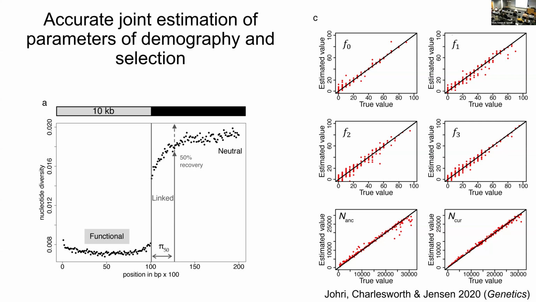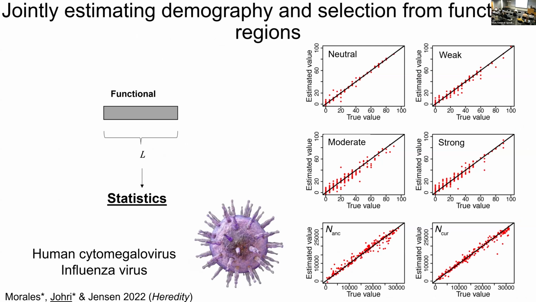And the main thing is that these are all the 6 parameters that we inferred, and the x-axis is the true value and the y-axis is the estimated value. The method seems to work pretty well, so we're able to make these kinds of inferences. We were also able to make inferences without looking at this decay effect of background selection.